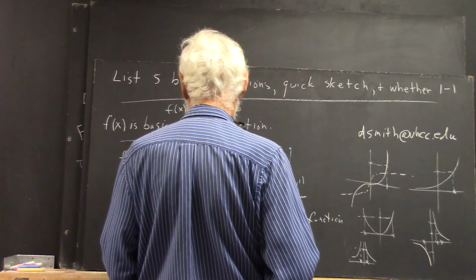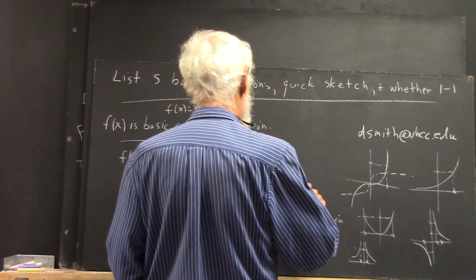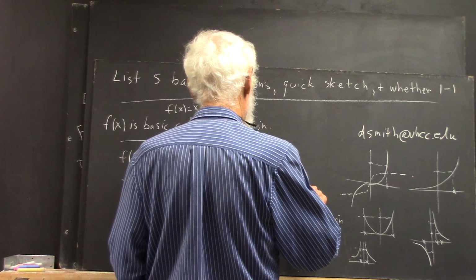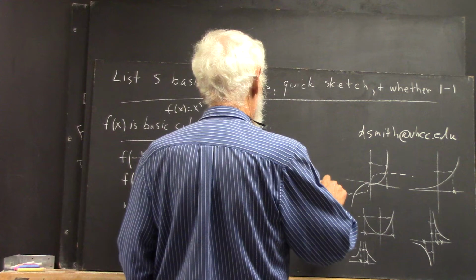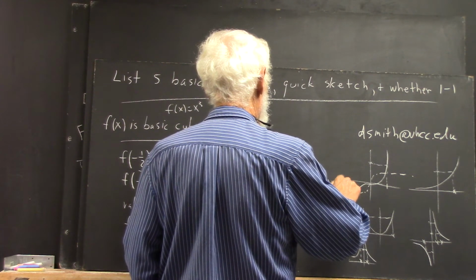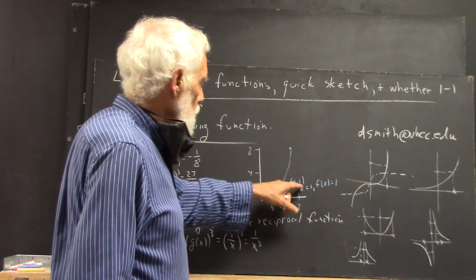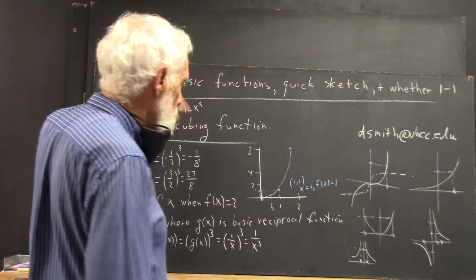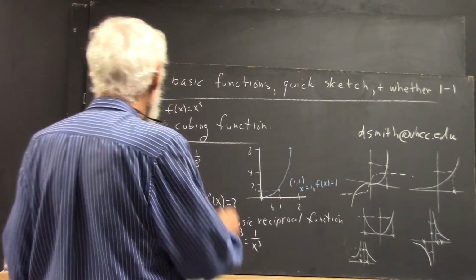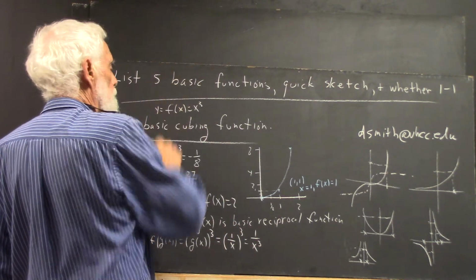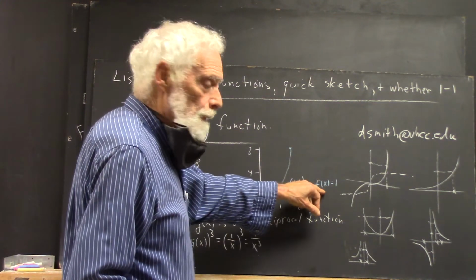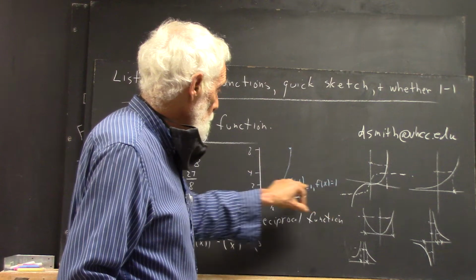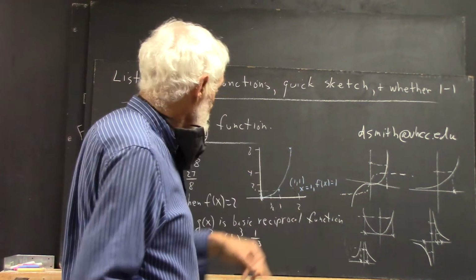Okay? Meaning that x is 1 and y is 1, y equals f of x, and we could write y equals f of x equals x cubed. Okay? X is 1, and f of x, which is the y value, is 1 at this point.